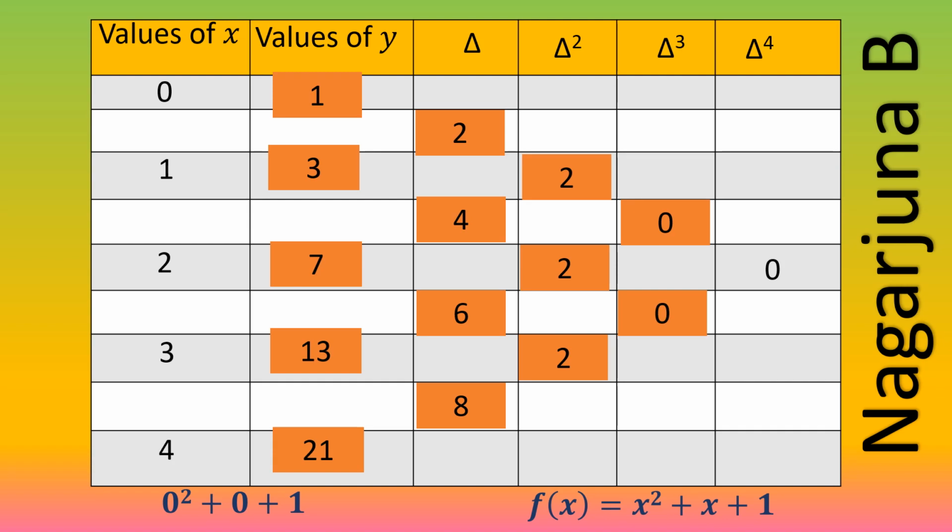So delta we are having 4 values, delta square will be 3. Then delta cube 2, because delta square values are 3. Then delta to the power 4, 1 value, because the delta cube values are 2. That means each of them will be reduced by 1. In this way, we need to construct the forward difference table considering from top of the table the values.